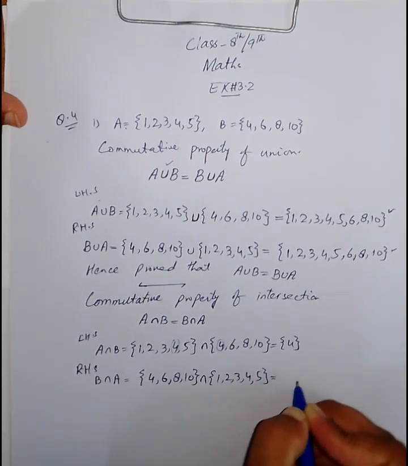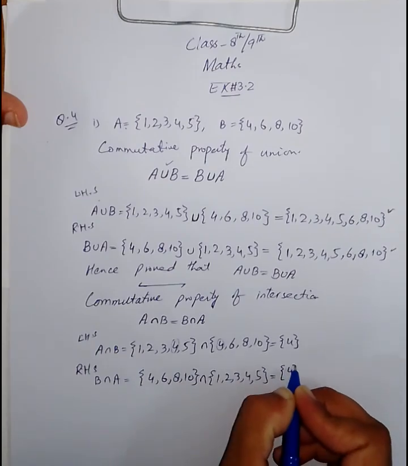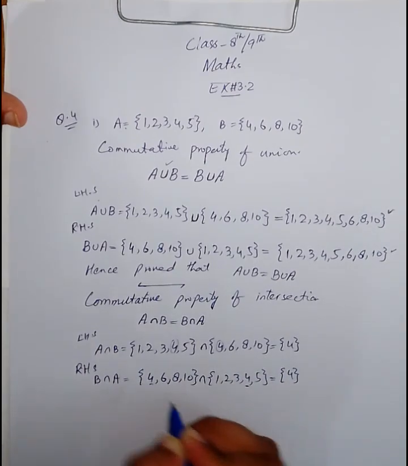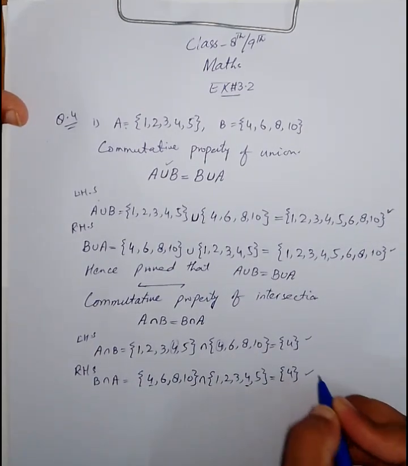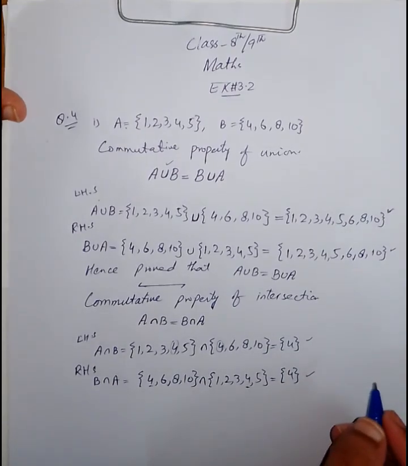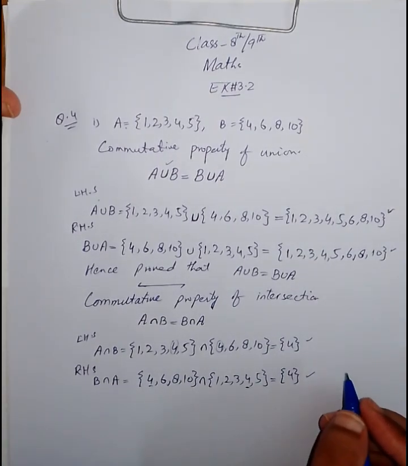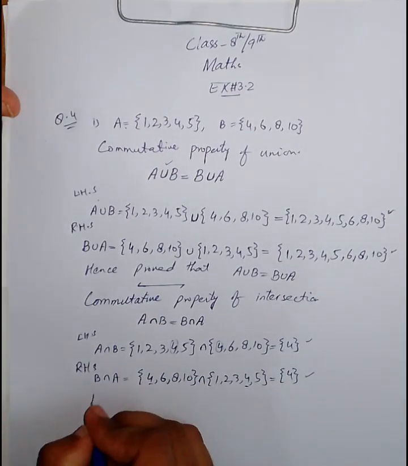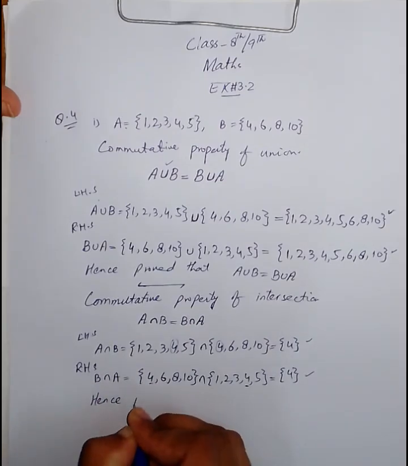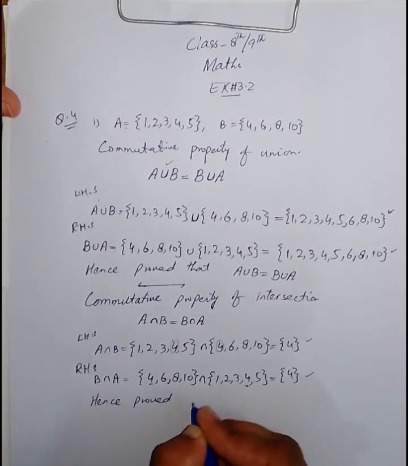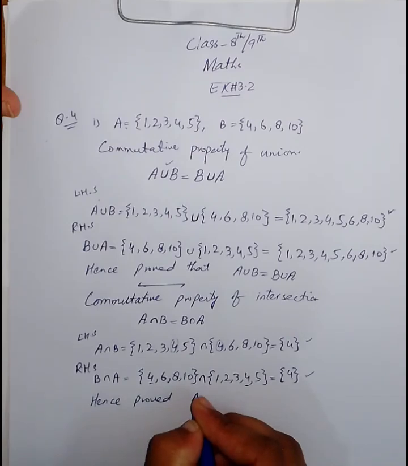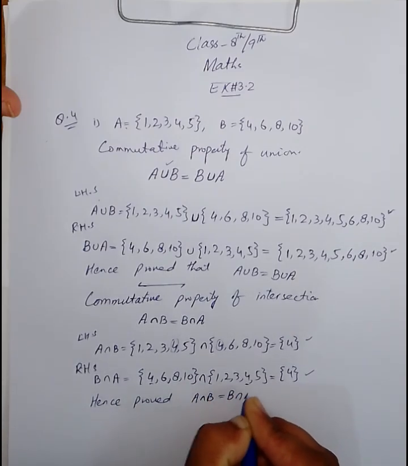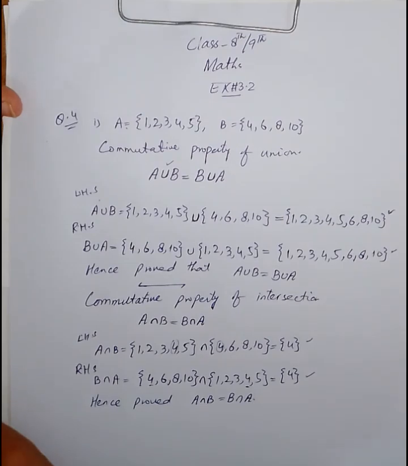Now check what's common, which element lie in both sets. Only 4 lies in both sets. So from these two we have checked that both left hand side and right hand side have same answers. Hence proved commutative property of intersection: A intersection B equals to B intersection A.